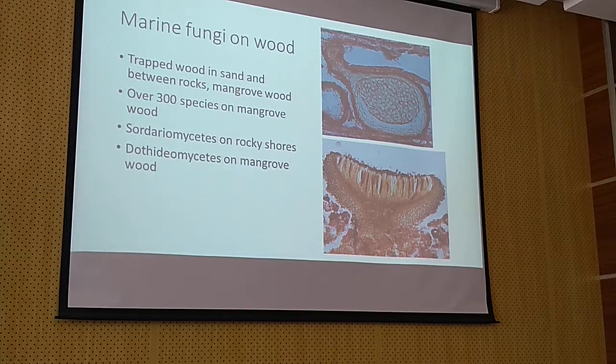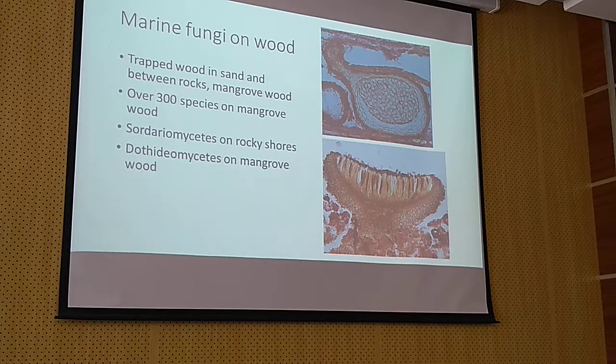Now, we have been looking at a wide range of substrates. I've been to different places and collected different materials. I'll give you a summary of the fungi associated with different substrates. The most studied group of marine fungi are actually on wood.